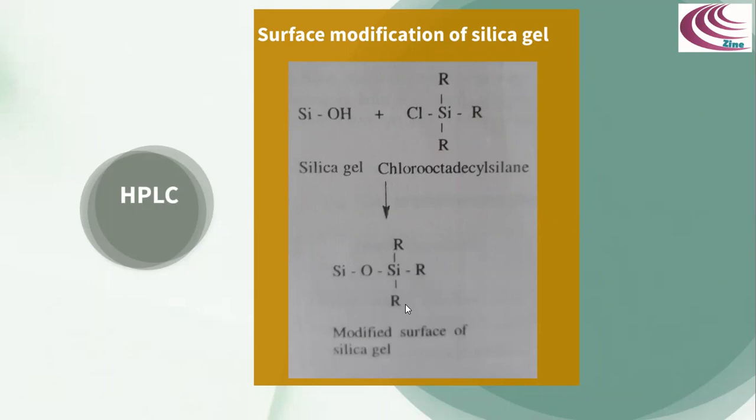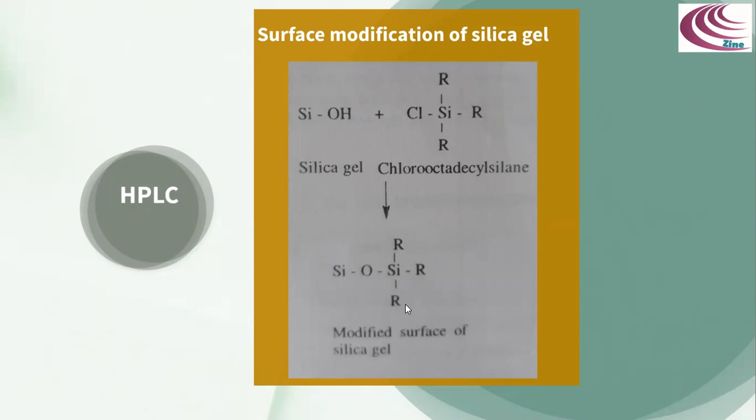The chemical reaction between silica gel and chlorooctadecylsilane converts the polar surface of silica gel, because of the exposed hydroxyl group, into a non-polar one because of the exposed alkyl group instead of a hydroxyl group. The columns which make use of such bonded stationary phases are referred to as bonded phase columns. The columns with octadecylsilane as a stationary phase are referred to as C18 columns.